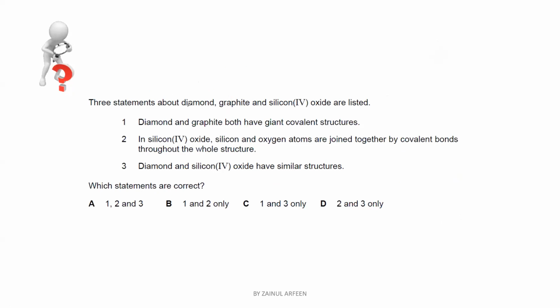Three statements about diamond, graphite and silicon dioxide are listed. Which statements are correct?